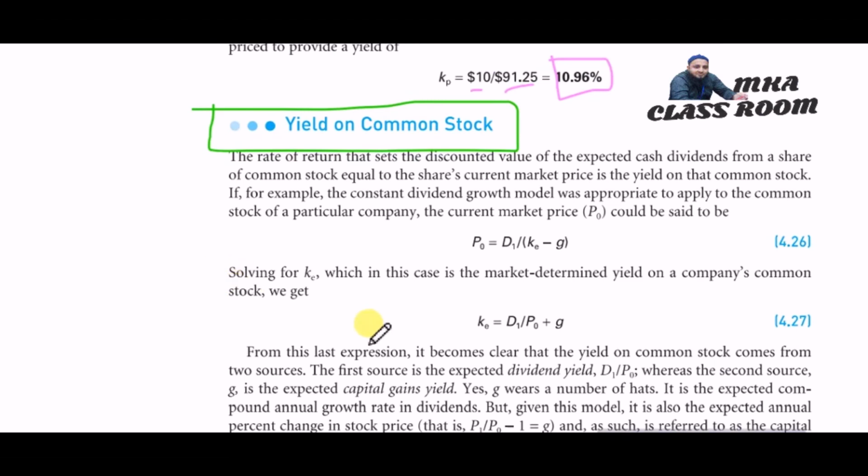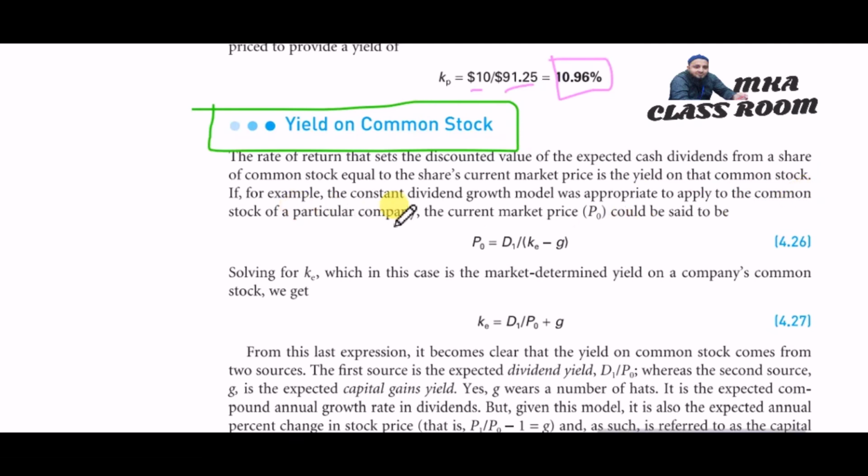The formula is simply KE, the required rate of return on common stock, equals expected dividend D1 divided by P0, plus G. As I said, the rate of return that sets the discounted value of expected cash dividends from a share of common stock equal to the share's current market price is the yield on that common stock.